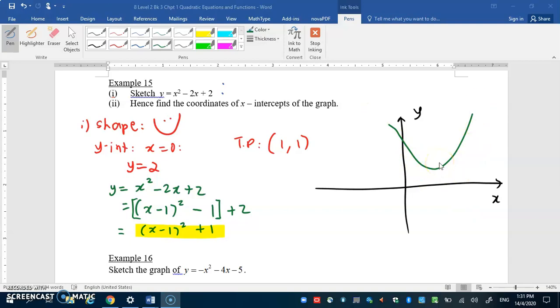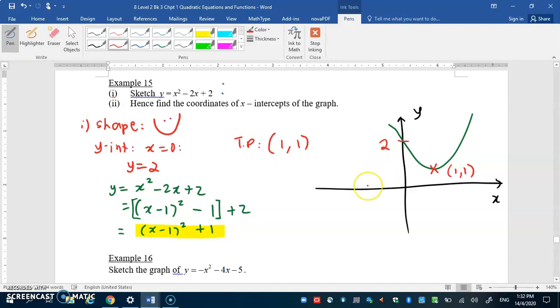It's completely above the x-axis, okay? And I will cut the y-axis at 2 because that's my y-intercept, right? And I will turn somewhere around here in the positive x and y side because my turning point is 1, 1. That is why we need to find all the information first before we start sketching, because we need to know the position of the curve, okay?